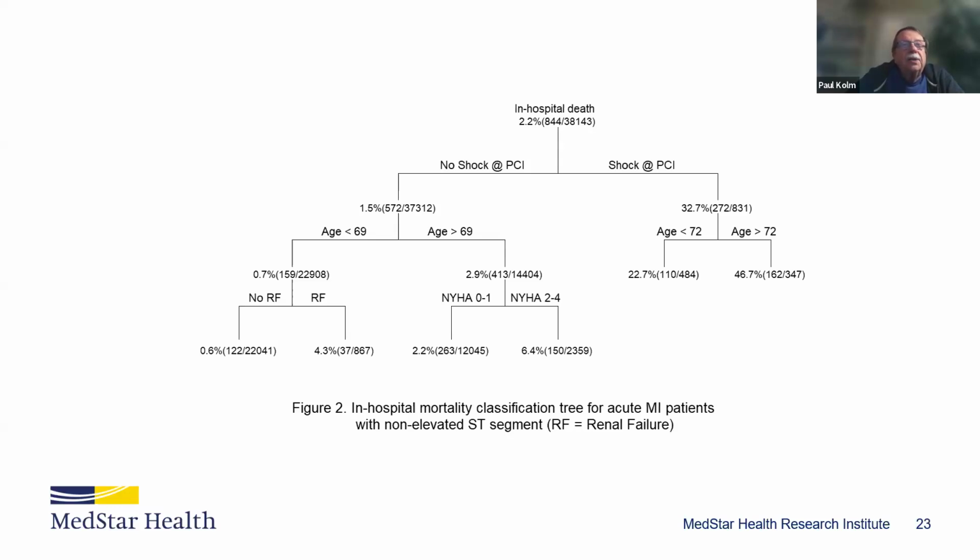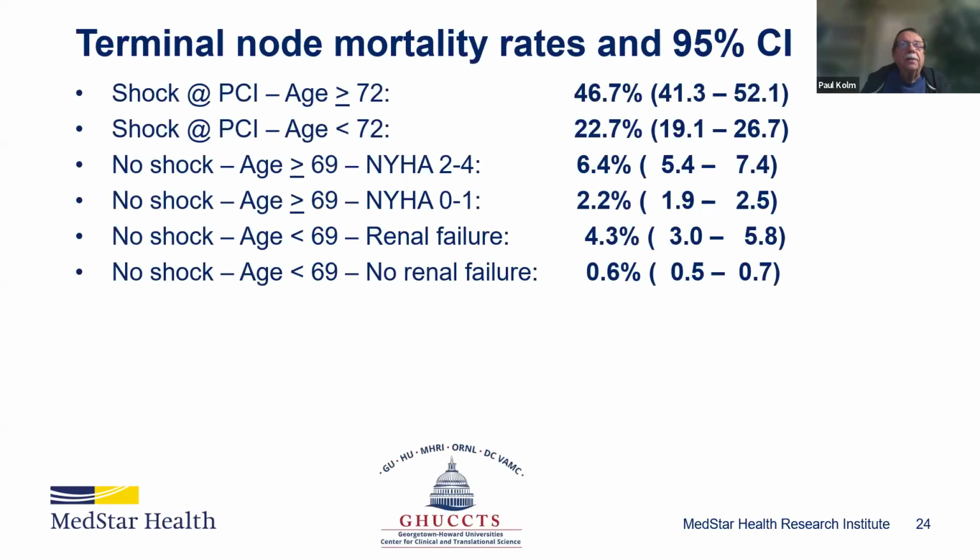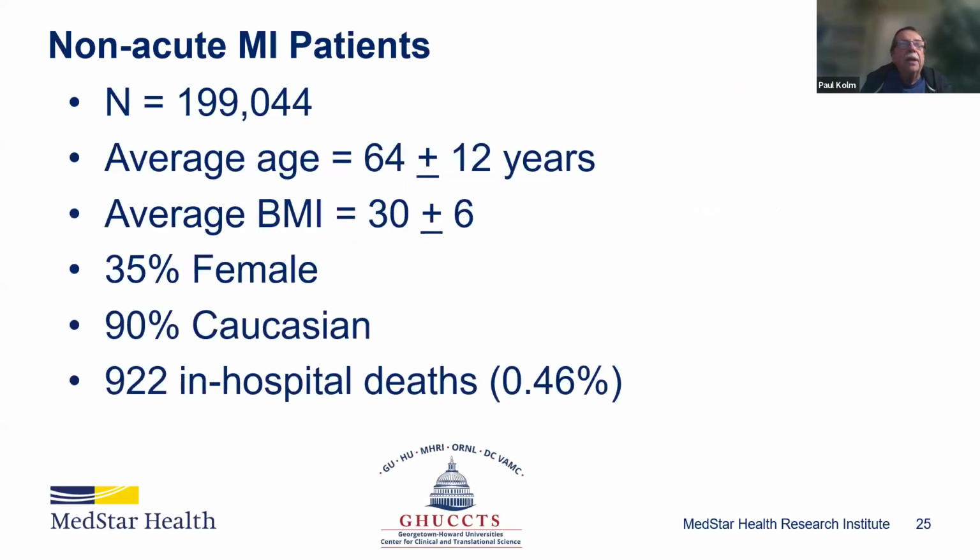Age less than 69 has a split with renal failure, yes or no. Age greater than 69 makes a difference depending on your New York Heart Association classification. And this is again a table of the mortality rates and 95% confidence intervals for each terminal node.